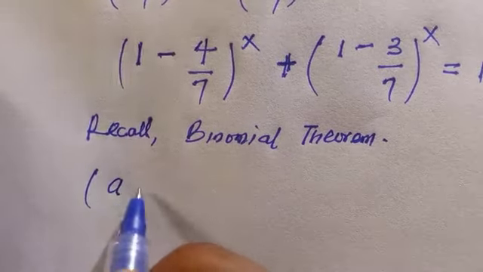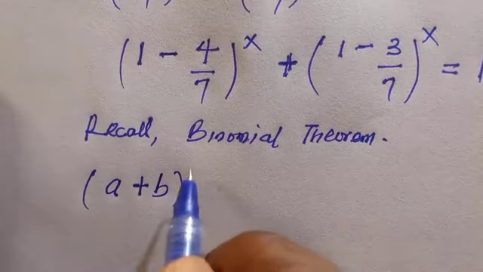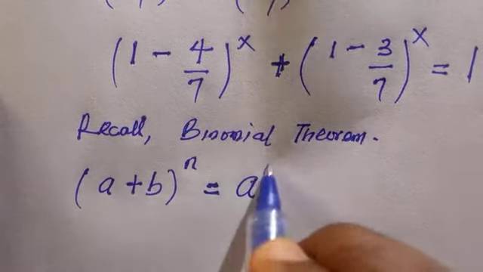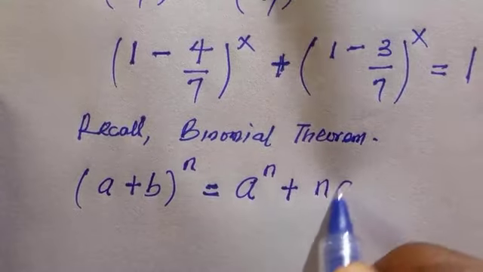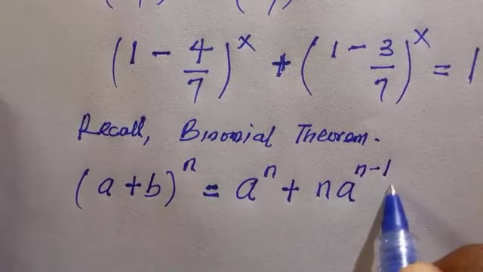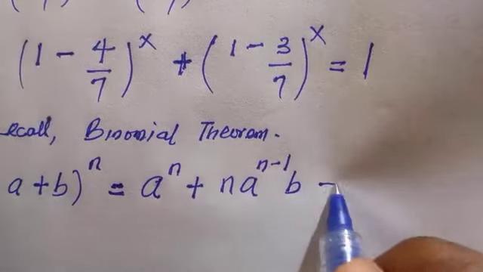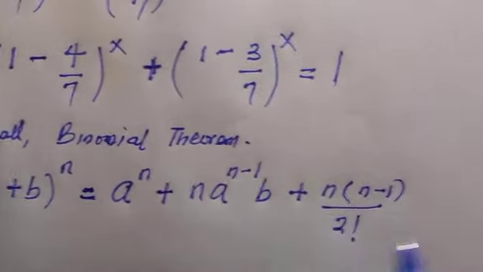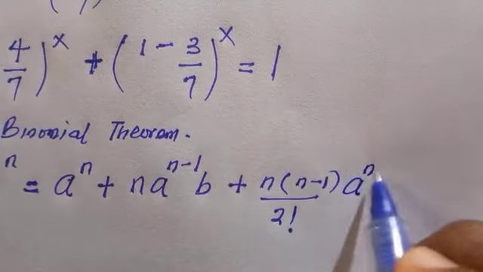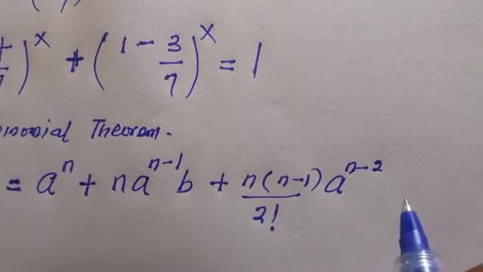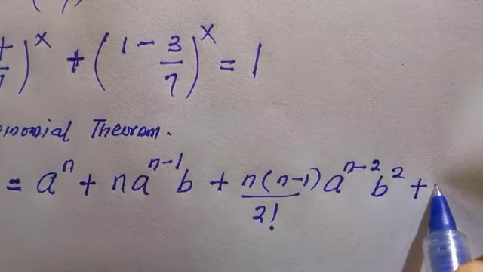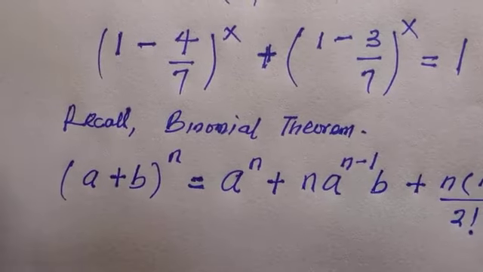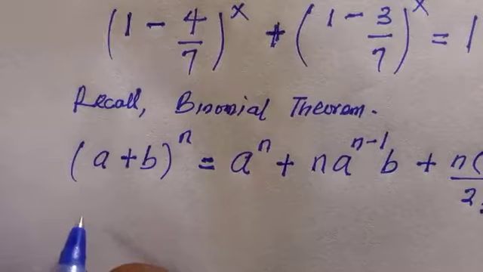The expression says that if you have (a plus b) raised to the power of n, it equals a raised to the power n plus n a raised to the power of n minus 1 b, plus n(n minus 1) divided by 2 factorial a raised to the power of n minus 2 b raised to the power 2, and it continues like that. Given this, we are going to apply it to these two parentheses.